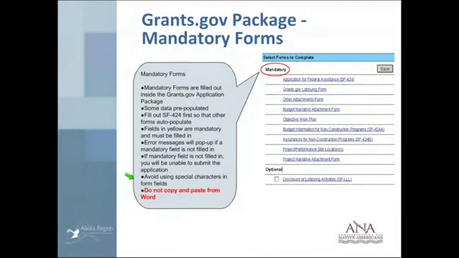So when you copy and paste from Word to Grants.gov, sometimes there's data that you don't see that's carried over with it, and it can impact your application process. So ideally, if you can avoid copying and pasting into the Grants.gov package, you're better off. Although I think Grants.gov is trying to insulate and avoid those problems, and I think that it's getting better at that. All right, so those are a few tips about these mandatory forms that you'll find in your Grants.gov package.